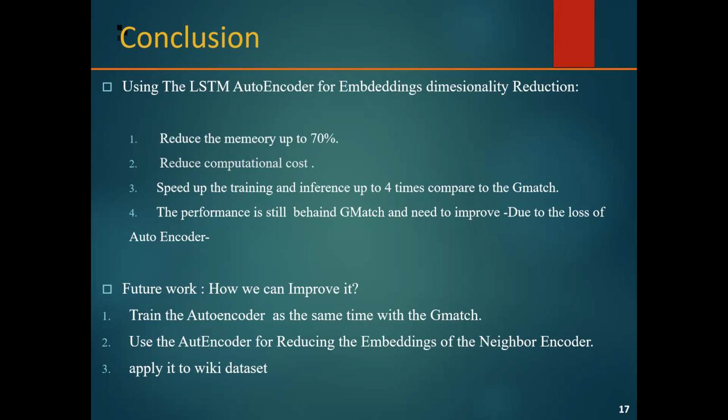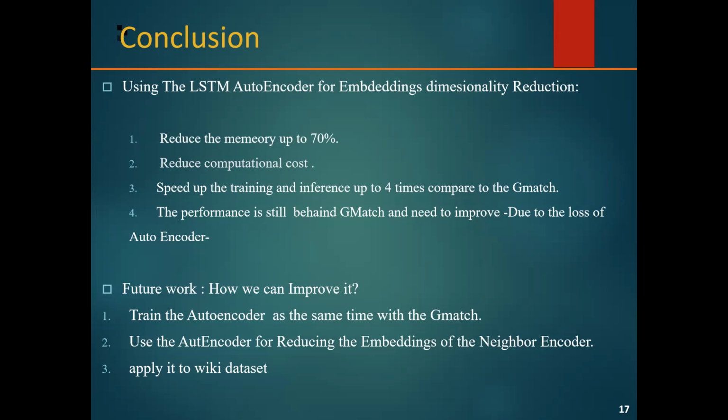Also, the embedding dataset itself, if we change it maybe to Wikidata, can be a good dataset. For the future, first, train the autoencoder at the same time as GMatching, because we train the autoencoder individually, and then use it just for prediction or reduction in GMatching, taking the output of the encoder.